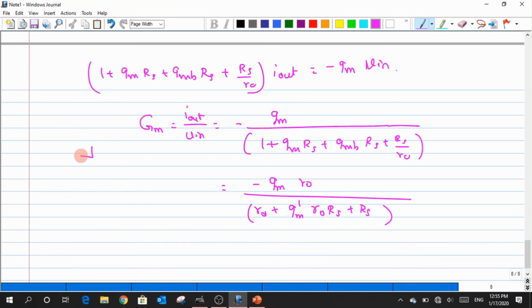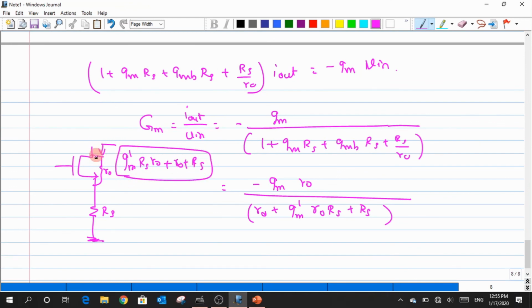We had a circuit and we discussed that if there is a resistance RS, this RS would be magnified by a quantity of gm prime RS R naught, and then I still add this R naught and this RS. And this expression is nothing but the impedance that I look down from the drain, and this expression is identical to what I have written down here.